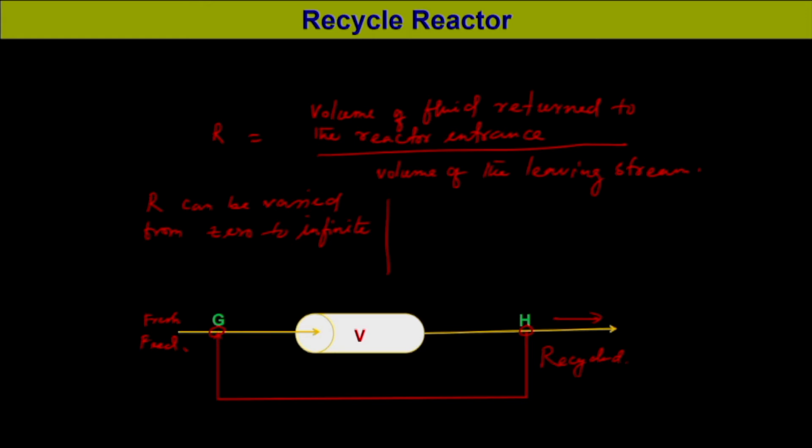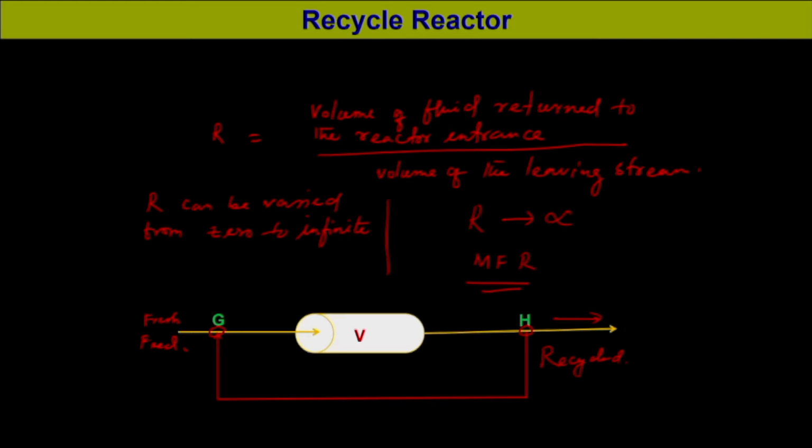That means as we increase the recycle ratio, the behavior of the plug flow reactor approaches the CSTR. So the degree of mixing increases, and as R tends to infinity, the behavior of the plug flow reactor will be as an MFR, mixed flow reactor.